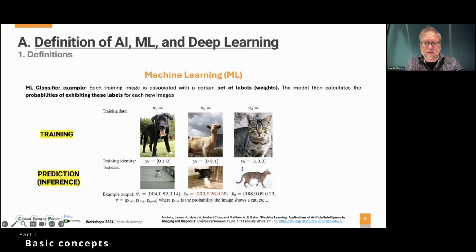In the same way, a cat has a probability of 1 for the cat label and 0 for the rest. Once trained, the model will try to predict the correct label of new images it has never seen before. It will attribute a weight to each of those specific labels, and the one with the highest probability will define the label of the output image, so the class of the animal that is seen, with more or less success, as we can see with the goats.